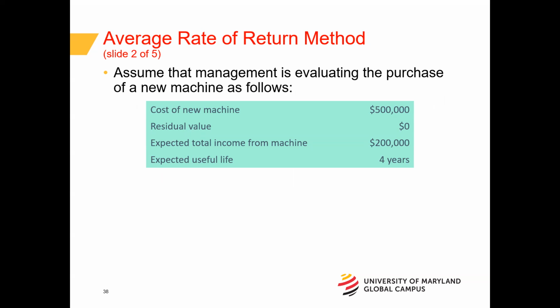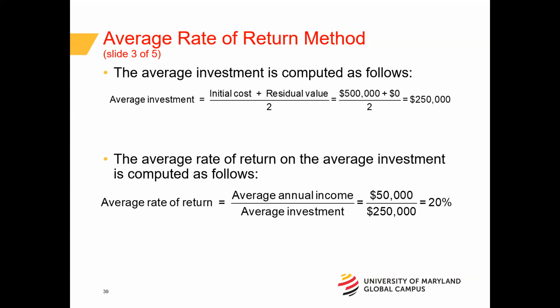Well, if it's 200,000 expected total income divided by the useful life, that's 50,000 per year, average. Yep. Average annual income, 50,000 divided by average investment, 250. Our average rate of return will be 20%.